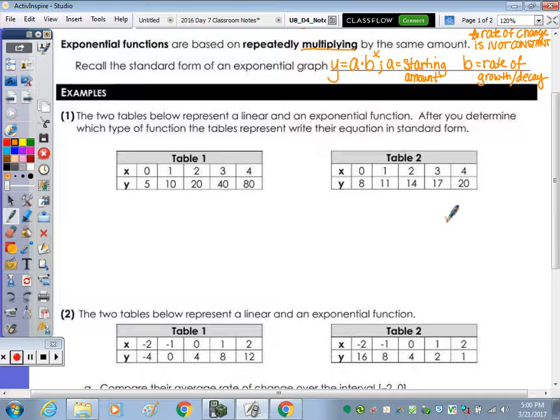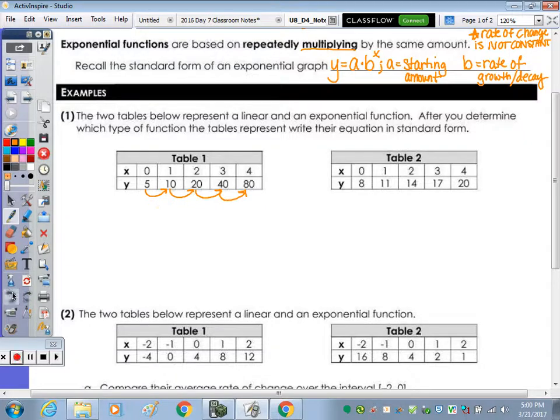What's different is that your y values here, going from 5 to 10, 10 to 20, 20 to 40, that change of y is not the same. So here, we're multiplying by 2 each time from one value to the next.